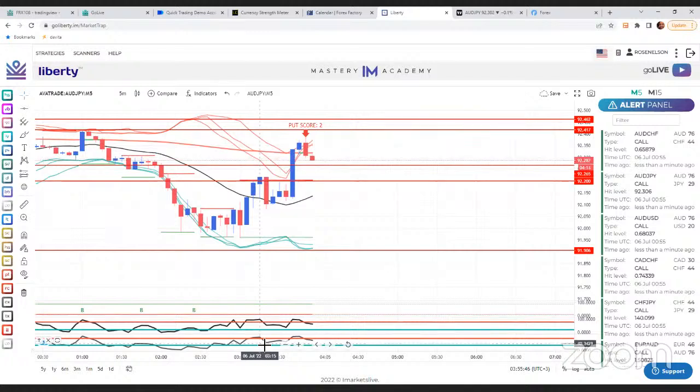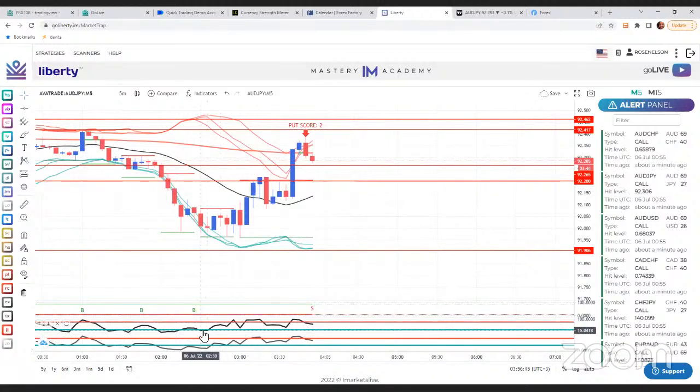So remember, if you want a sell, it will have a red arrow, red candle, crossing over the red and coming down. If it's buying, it will be a green or blue arrow. It will be a blue candle, and it will look like it's crossing up.